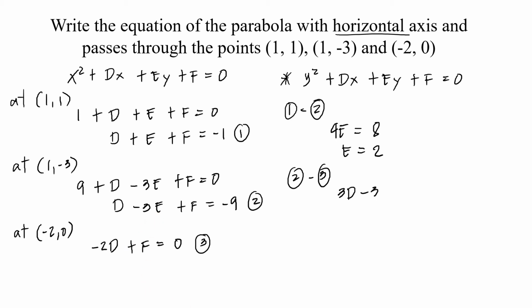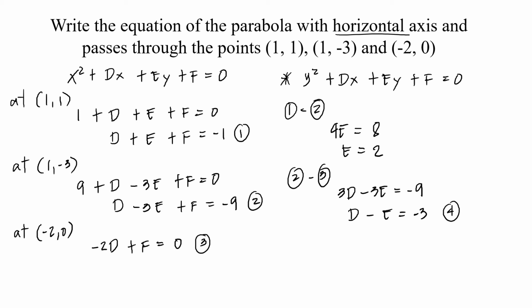So we have minus 3e. Next, f minus f is 0. Negative 9 minus 0 is negative 9. Let us divide all terms of this resulting equation by 3. We have d minus e equals negative 3. Let us call this our equation 4.